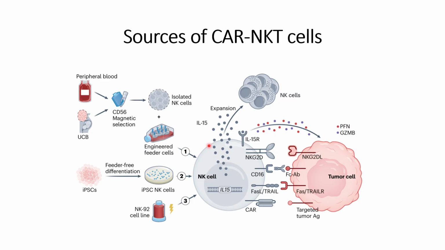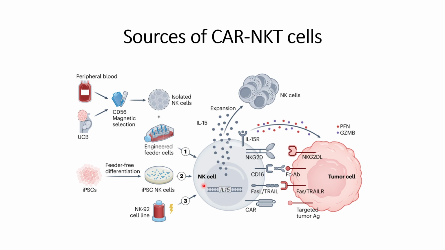One of the major differences between NK cells and T cells is that NK cells have the natural ability to secrete lytic granules, whereas T cells do not. Through several studies it has been known that one of the common ways to make sure these CAR-NKT cells have enhanced proliferation and persistence in in vivo conditions is to knock in the IL-15 gene in the NK cells.